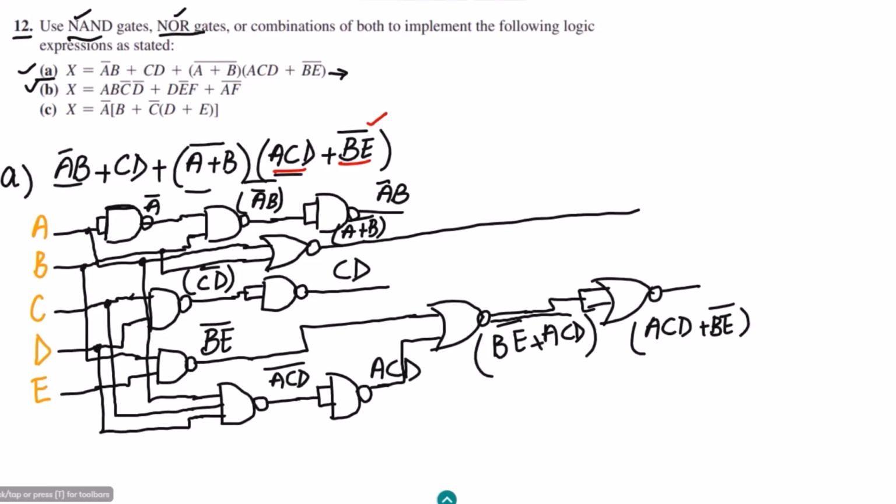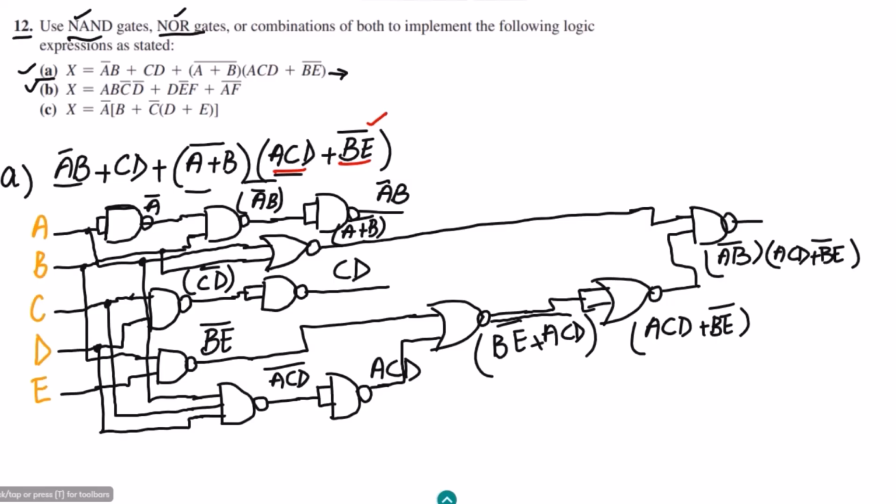These two have to be multiplied together, so I'm going to use the two NAND gates. The first one is here, to which this A plus B whole complement is given, and to the second one this one is given. Here I will get the product of them, which will be A plus B whole complement with the ACD plus BE complement.